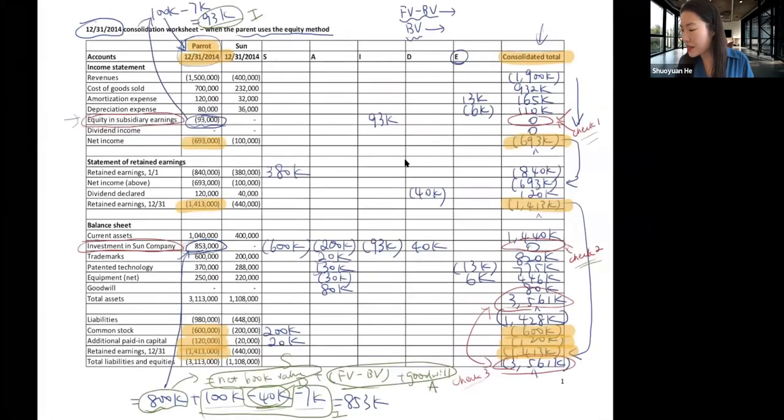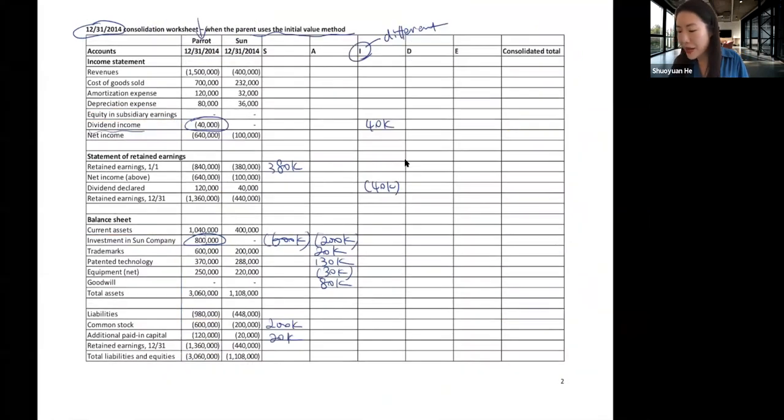In the previous page, we talked about how to get this journal entry, consolidation entry D, right? And here, basically, we don't have D, and we're combining everything. We use consolidation I to take care of it.